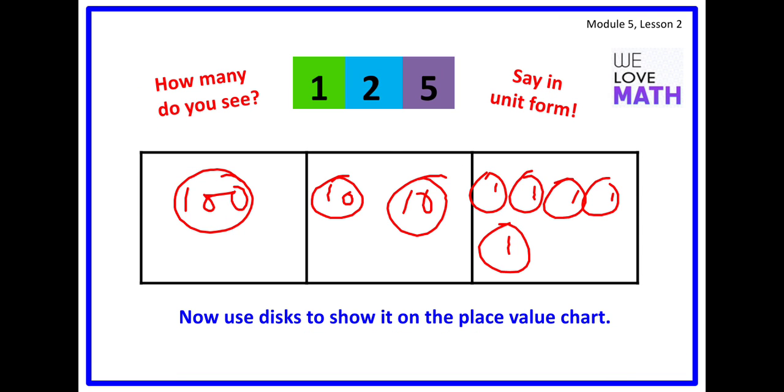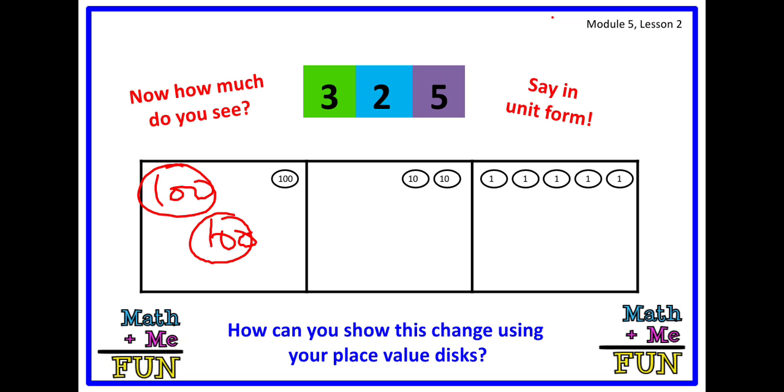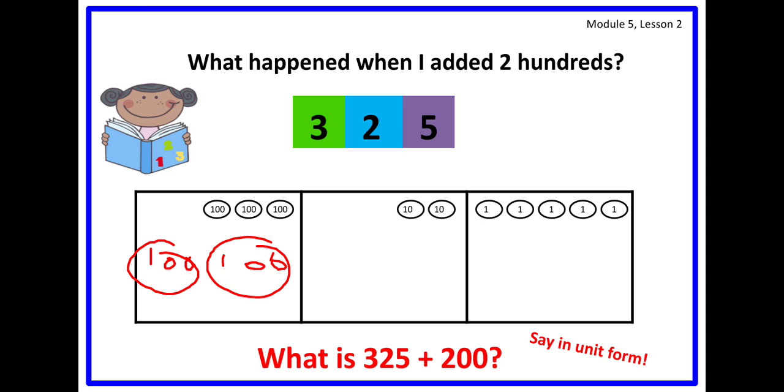So 125 initially, add 2 more hundreds to 125, we now have 325. What happens when I add 200? We already have 325, so we add 200 to it. 200 have been added. So 325 plus 200 will give us 525.